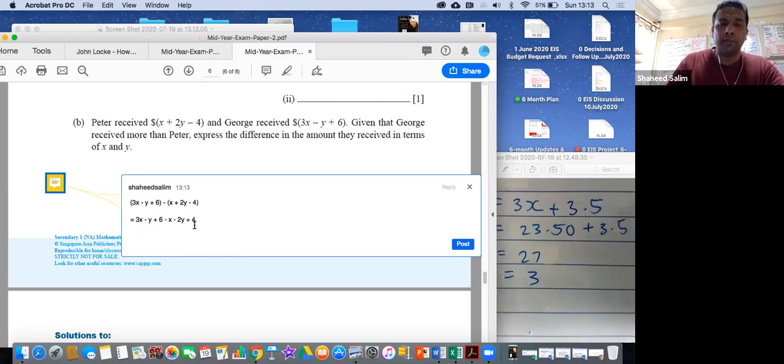So I'm going to rearrange this: 3x minus x, so minus x. Then minus y, minus 2y. Then plus 6 plus 4. So you get 2x, which is what you got, minus 3y, which is also what you got, but it's plus 10.